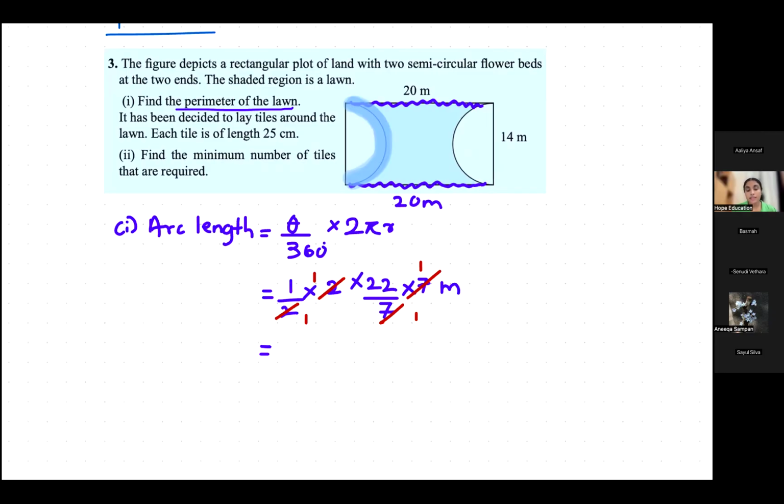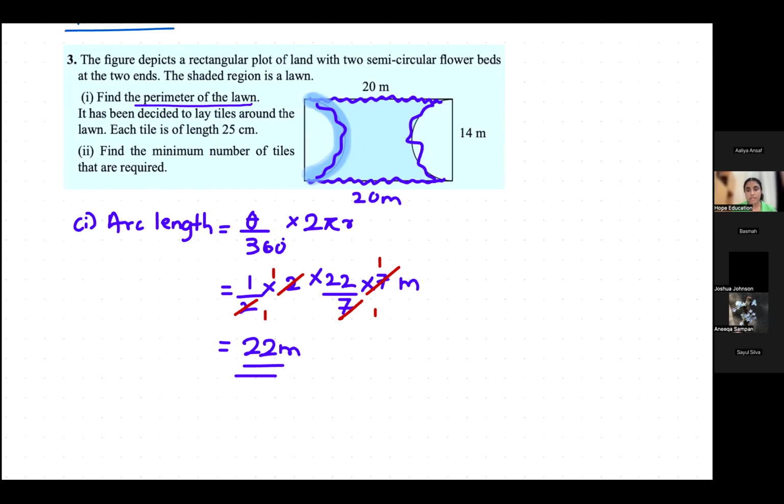So the arc length of one of these arcs is 22. The other one is also 22, they are both similar. Now I can find the perimeter. Here 20 meters, here 20 meters.